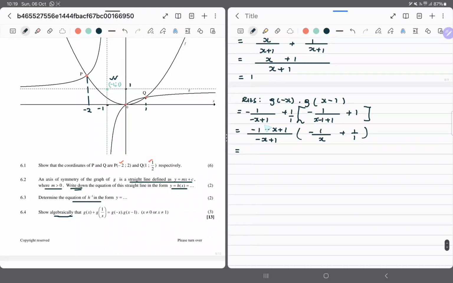Then we continue nicely. The ones cancel out. We have minus x over minus x plus 1 into the common denominator here is x. Then we'll have minus 1 plus x over there. Okay, good. Now that we have it sorted, we can essentially multiply. Now as we multiply, that x and that x cancel out actually.